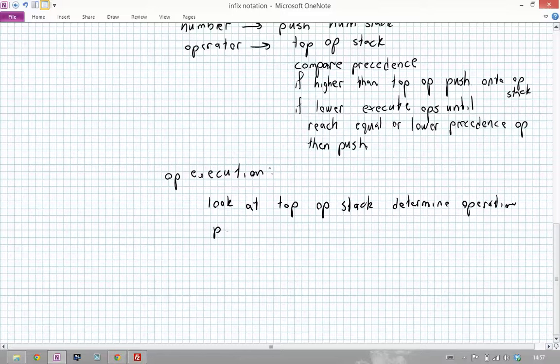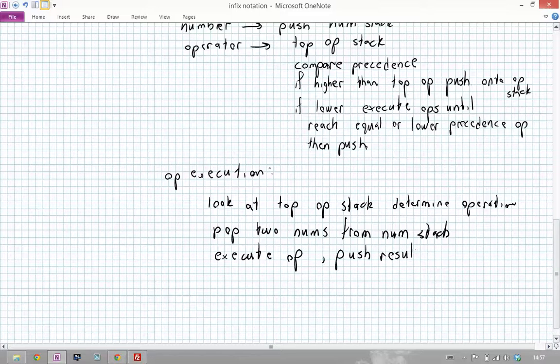Then pop two numbers from the num stack, execute the op, and then push the result onto the num stack.